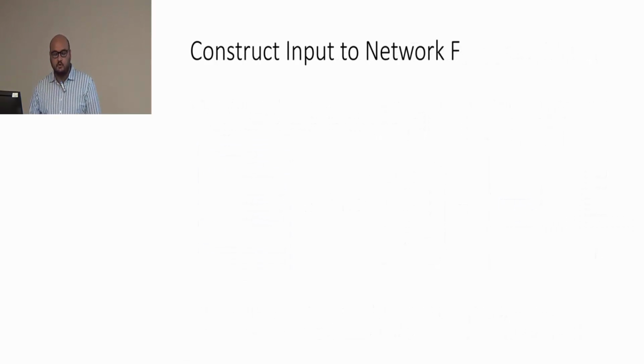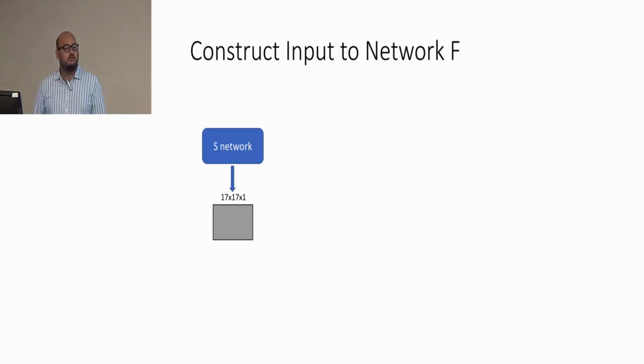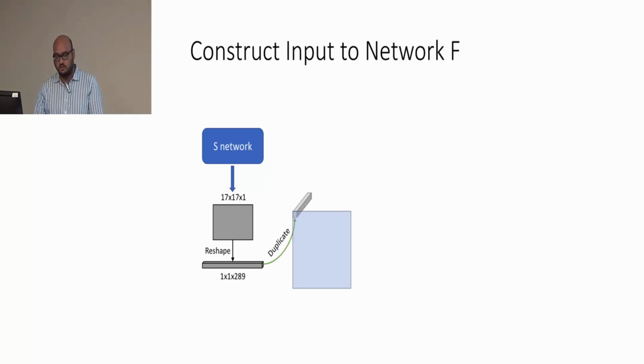So how do we construct the input for network F? You remember network F is responsible for creating the transformation matrix. This is network S, and this is 17 by 17 by 1. We applied network S to the 512 feature vectors which we got from VGG16, reshape that into this form, and then we construct this cube.